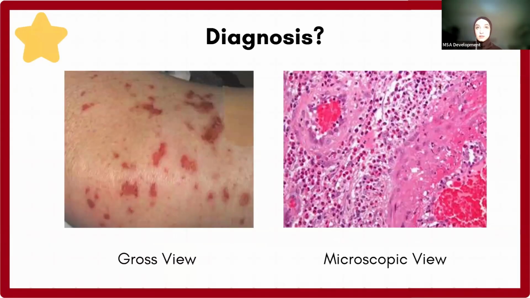Now, this disease is Churg-Strauss, and it's mainly involved with asthma, allergic rhinitis, all of these things associated with atopy. The main finding that you will find is eosinophils.